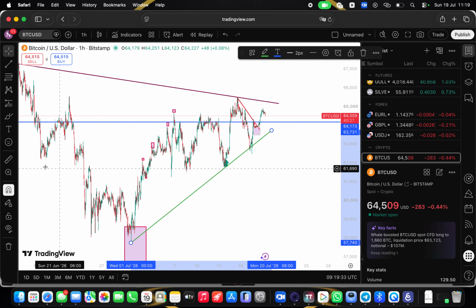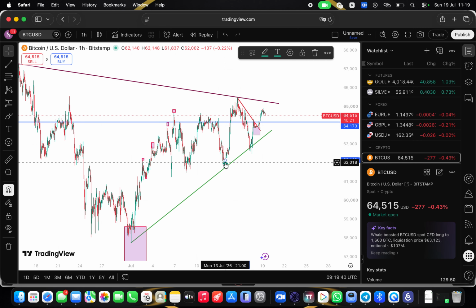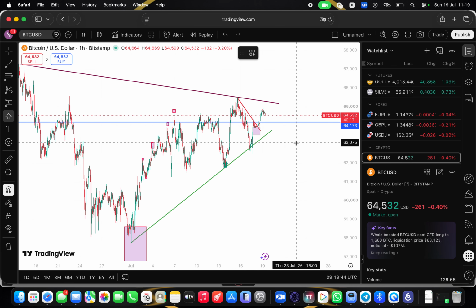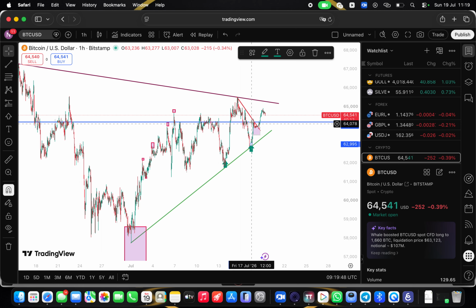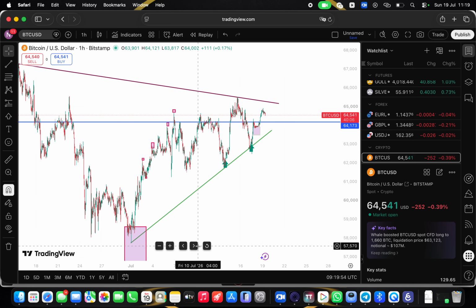Okay, so I want to show you something. Every time the market touches my trend line, if it's respected, I go bullish. As you can see here, we went bullish. Okay, on the second point, we went bullish, we went all the way up. Okay, I just want to remove this trend line here.